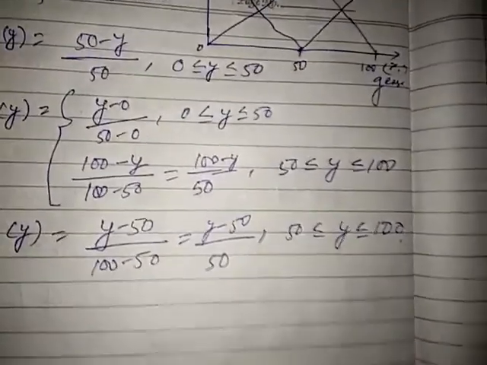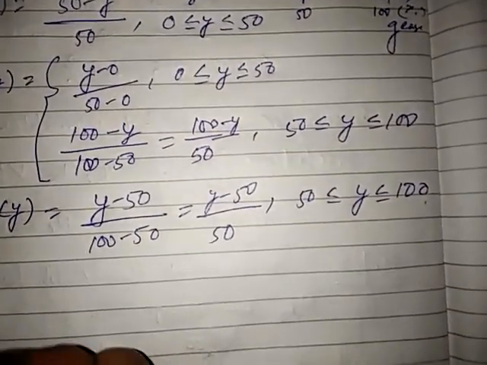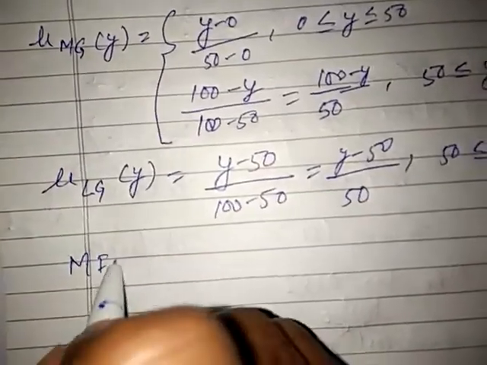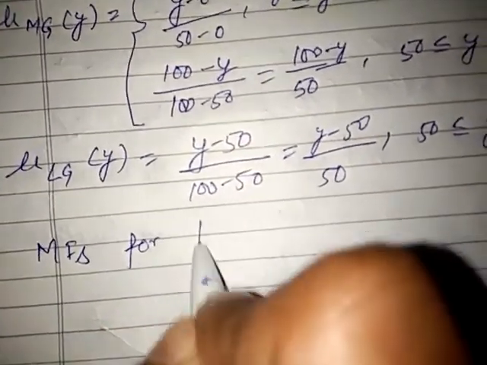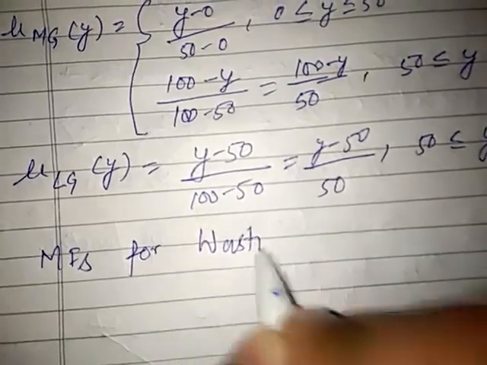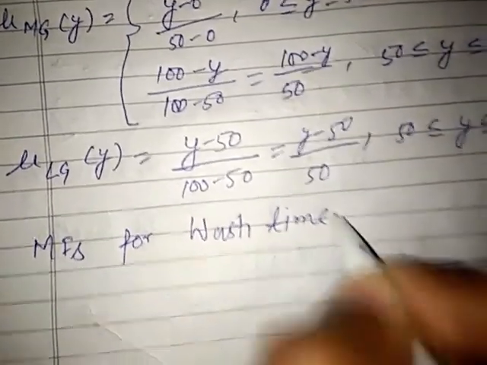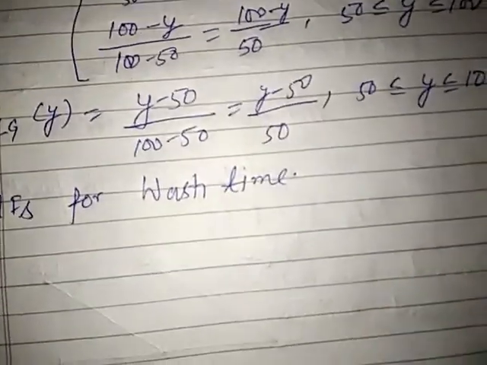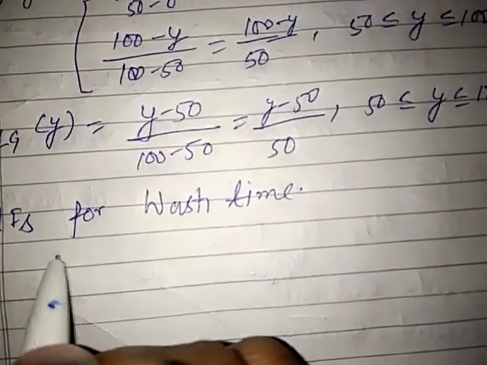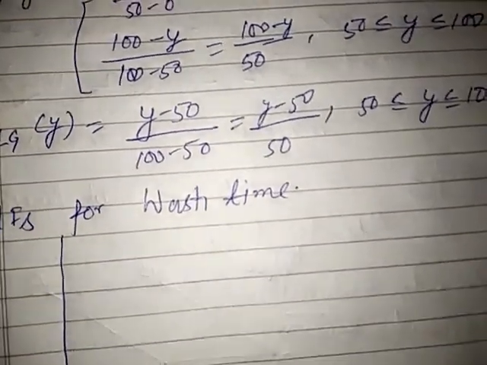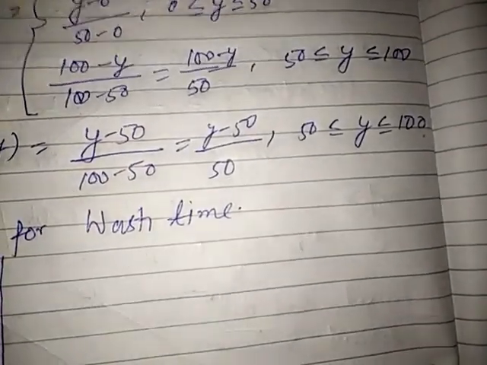That is the range that we calculate the membership function for the grease. Now we have to calculate the membership functions for the output variable, that is the wash time. Here there are 5 membership functions, and we have to calculate the 5 membership functions like this.